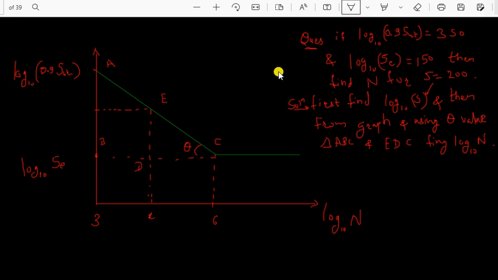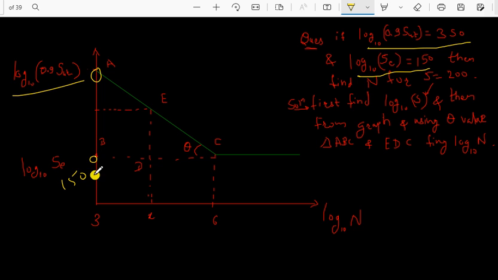Now here we have considered from 90% of the ultimate stress, and we have put the log values of this. We will get such a type of graph. Now if I say this value at point A is 350, and the log base 10 of S_E, that is the endurance limit, is 150.